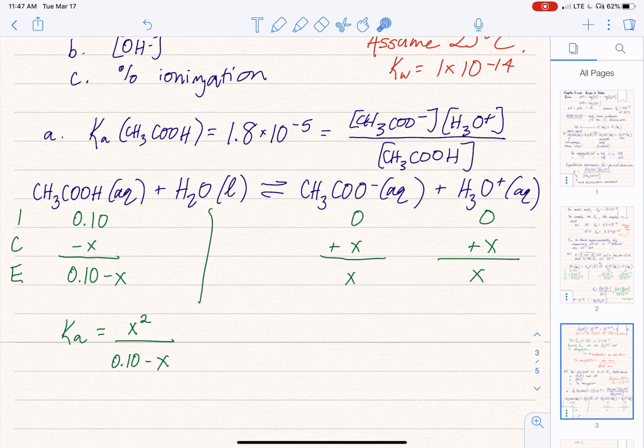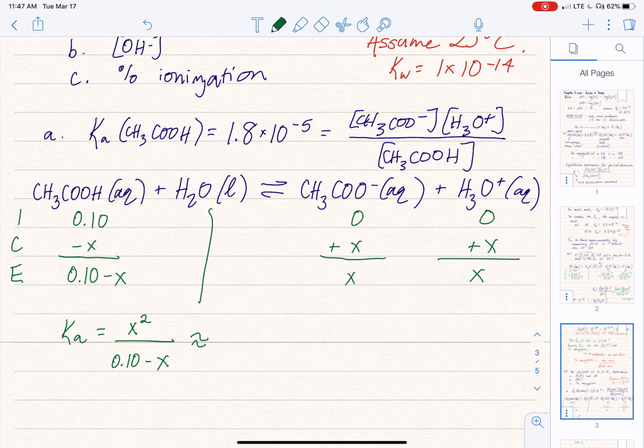So plugging those values into Ka is how I get this expression here, that the Ka is equal to x squared over 0.1 minus x. Now, I'm going to do something shocking but awesome. I do not feel like busting out the quadratic equation for this one. And I don't have to.